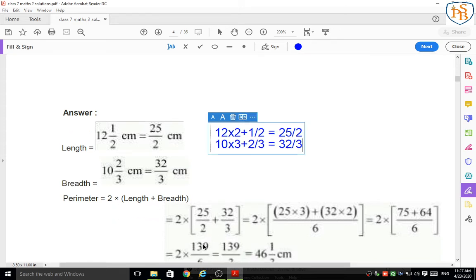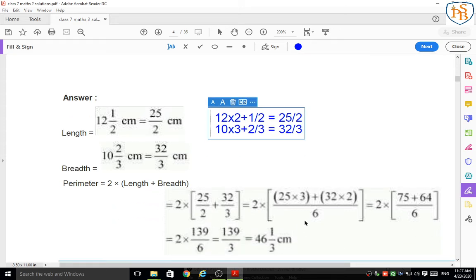By substituting these values, look at here, 25 upon 2 plus 32 upon 3. So by distributive property, but before that we have to solve this bracket as per our BODMAS rule, and the LCM of 2 and 3 is 6.